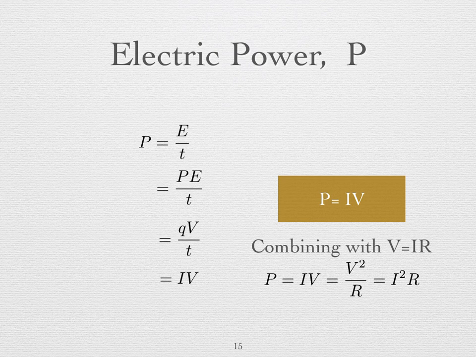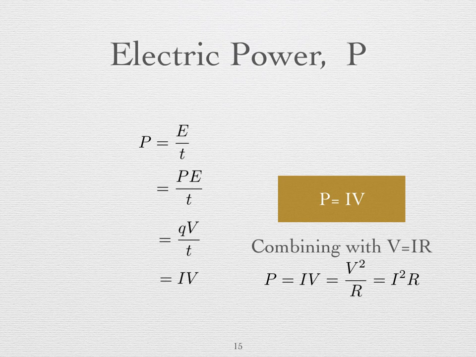Say I don't know how much current is flowing through the resistor, but I know the voltage and the resistance, then I can simply replace my I with V over R. Then instead of P equals IV, I have P equals V squared over R.